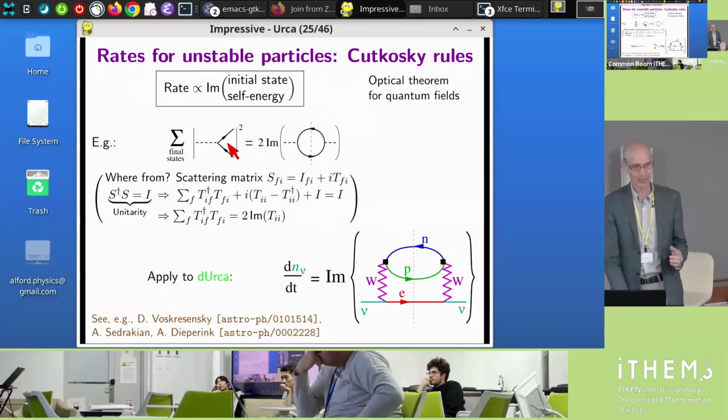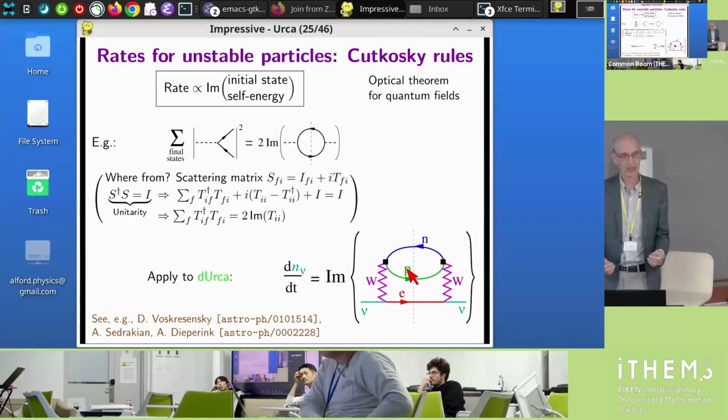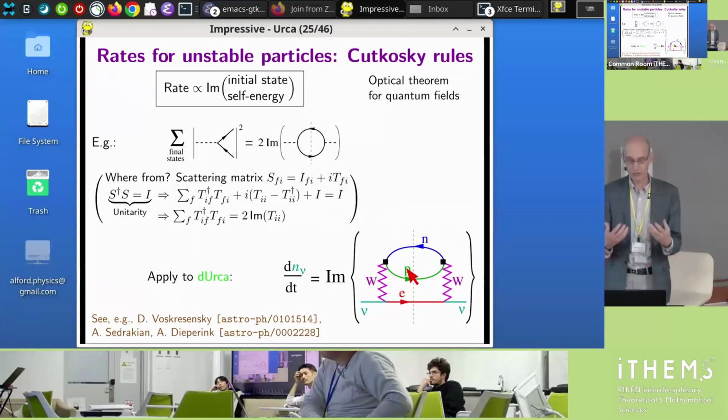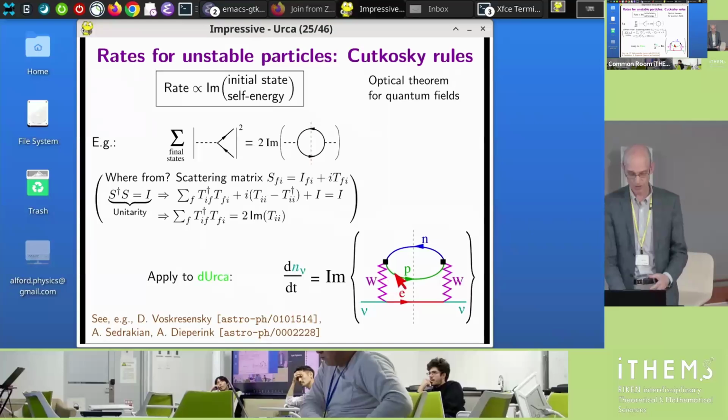Those are the same thing. So, okay, this has been done before. This gives us a way of doing, but this is just direct Urca. So this is now direct Urca reformulated using the Cutkosky rules as an imaginary part of a self-energy calculation. But it's going to look very similar. In fact, it may even look the same. So, okay, that's direct Urca.